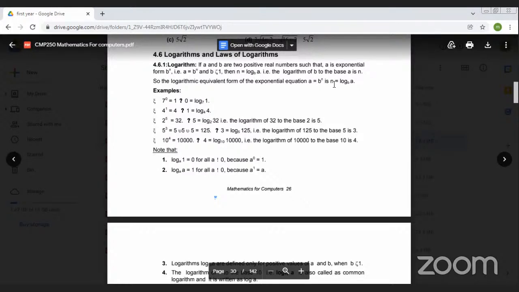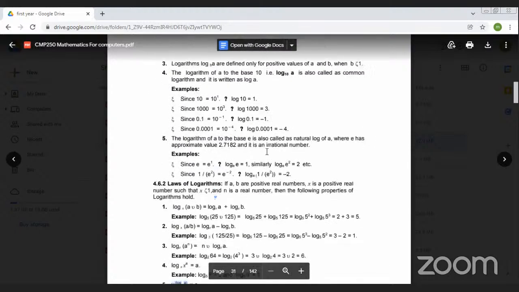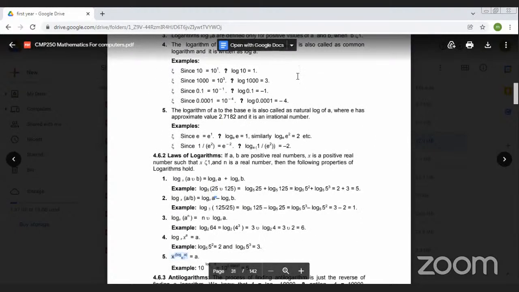But this n is what? a is equal to b raised to n. So what is my a value? Here my a value is 5 and b value is 10.